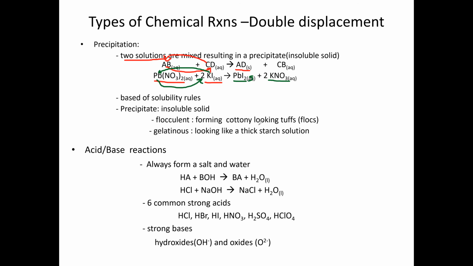The other type of double displacement reaction that we'll encounter is acid-base reaction. So an acid-base reaction involves an acid and base that produces salt and water.